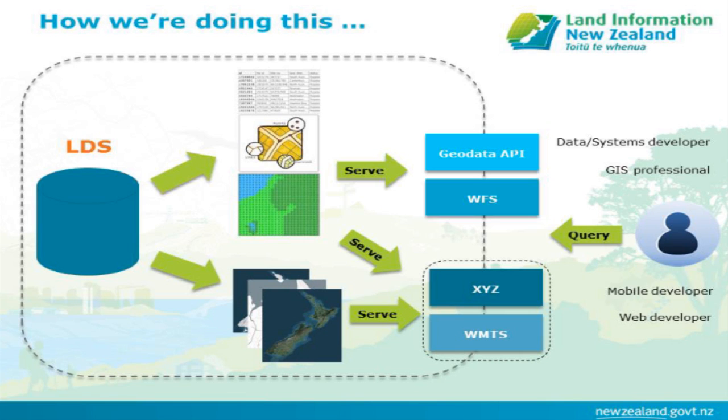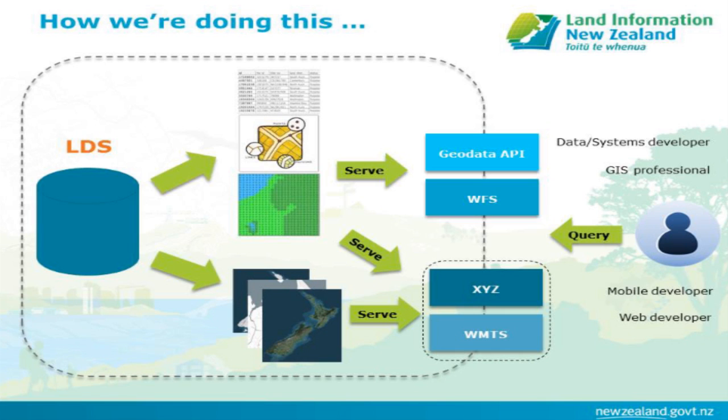The first stage will be for us to actually serve out our existing raster data sets through those interfaces, so things like Topo 50, Topo 250, and all of our newly released imagery layers will be available through that interface. After that, we're going to be developing some mapping base maps to serve out through there. That's about us taking our existing data stores that sit in the LINZ data service and applying cartography rules to it and providing it out as a map service.